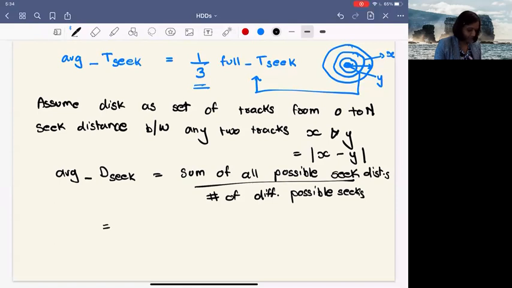That is equal to the sum of all possible seek distances. So average seek distance between any two track is this, we know that.